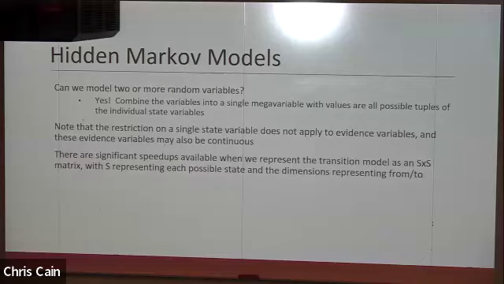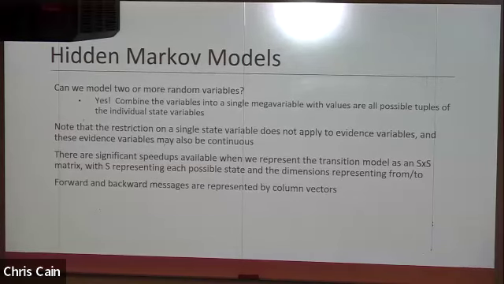There are some speedups that are available if you want to represent the transition model as a matrix, with dimensions the number of possible states. And then your forward and backward messages for forward and backward recursion are represented by column vectors, so that you can multiply them easily.